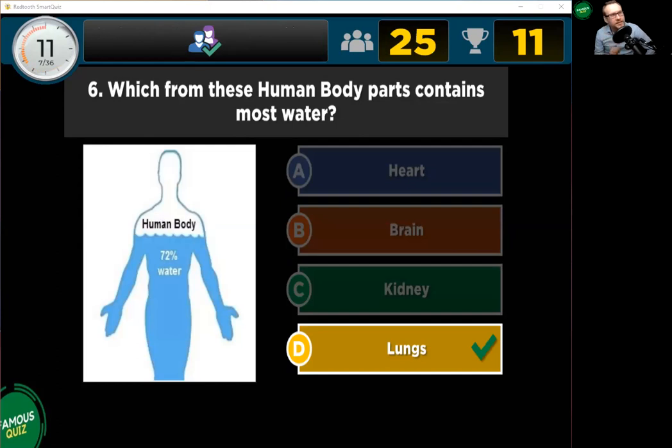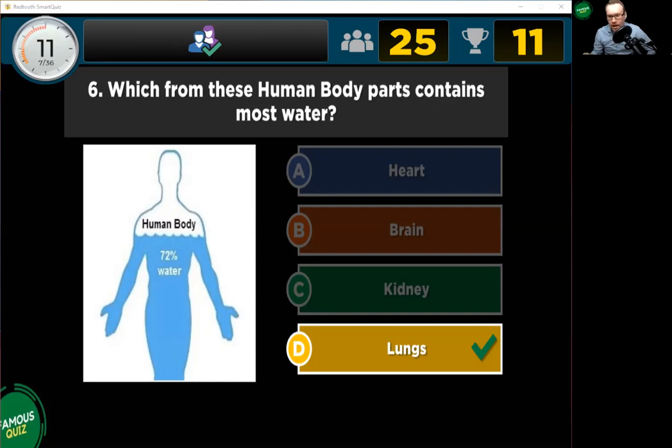But it's interesting. I found that this is not the organ in the human body that has the most water in it, because there was another organ there with some interesting name that contains 92% or even more. But from these, lungs have the most.